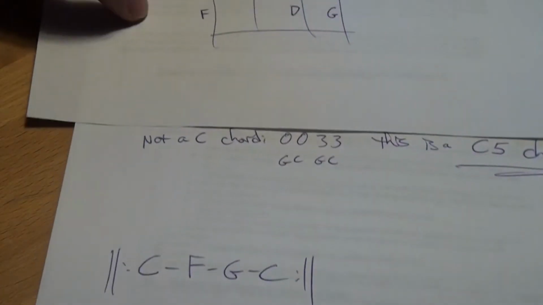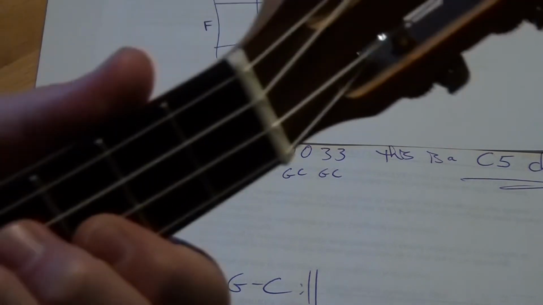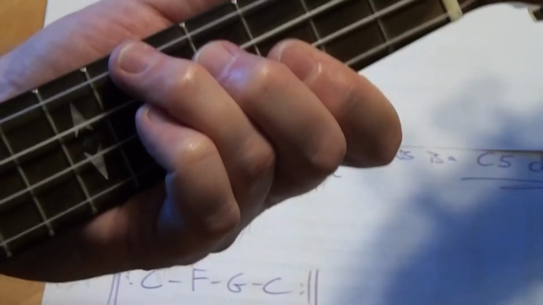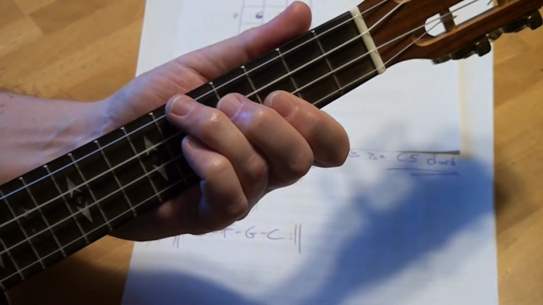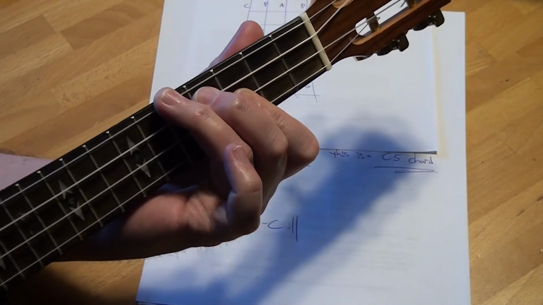Okay, so if we go with that, we could play the C, we could play an F, we could play a G, and then a C. Okay, so I'm playing the C. Let me kind of come back out again. Okay, so I'm playing the C like that.